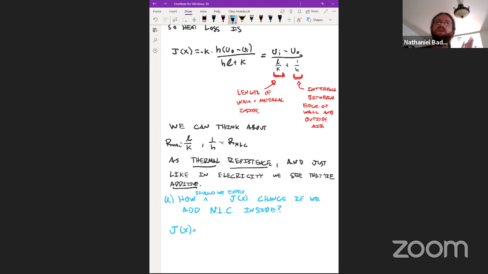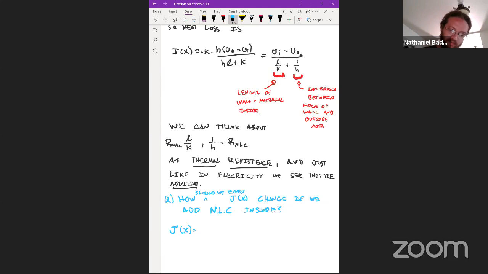Can you give me an exact factor by which it should decrease, based on the resistance analogy? Yeah, so roughly what should happen is that we should add a resistance in.